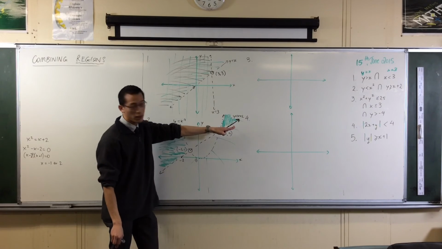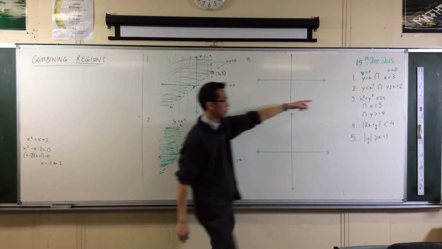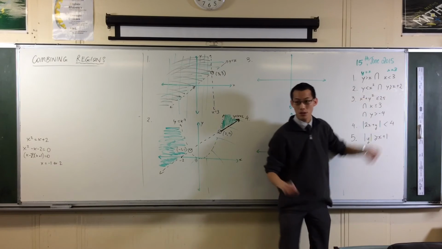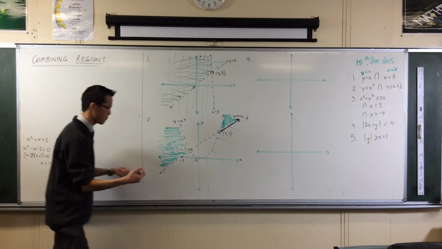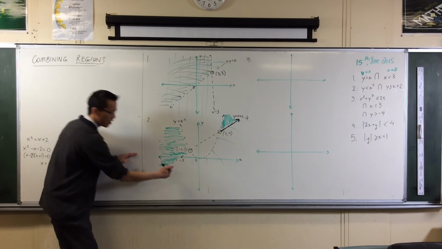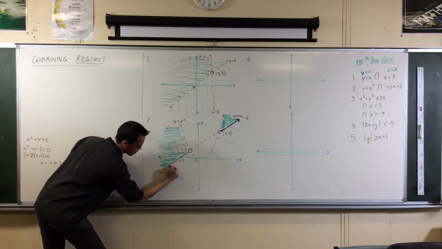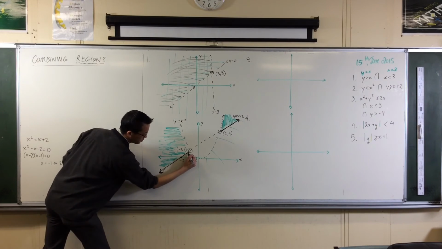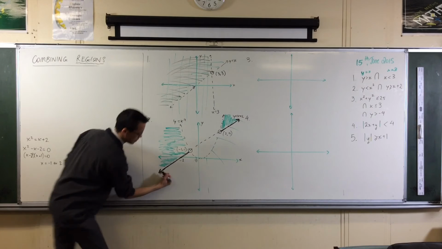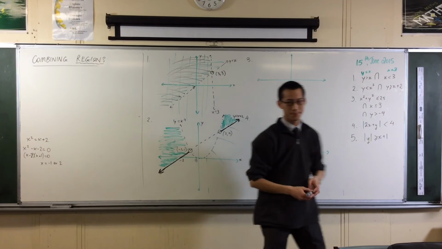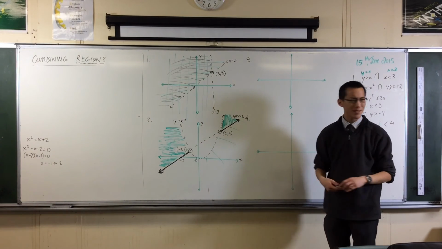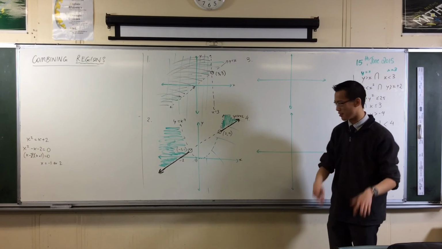It is on the line or above. That's what it means, on it or above. So it's okay. And in the same way, down here, this part is also included. So that becomes a solid line. No one picked it up. We're sleepy this morning. That's all right, I forgive you.